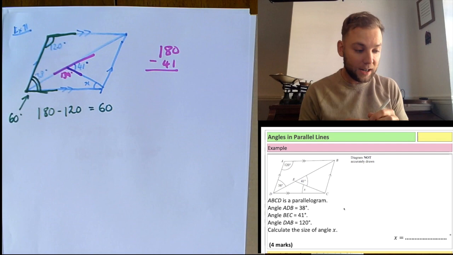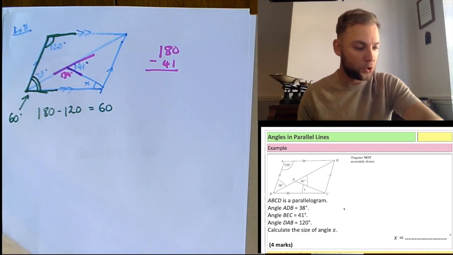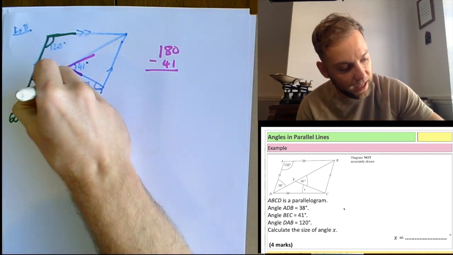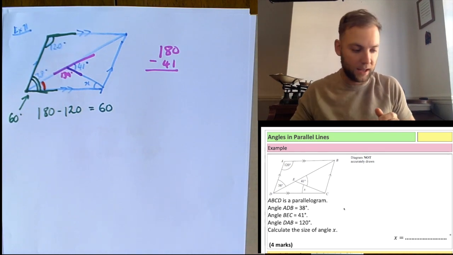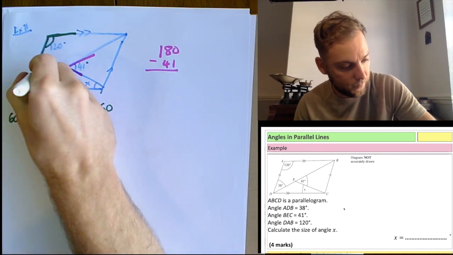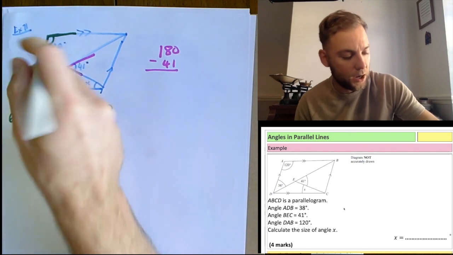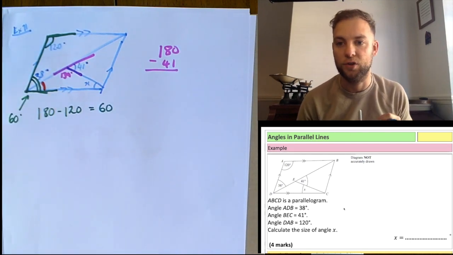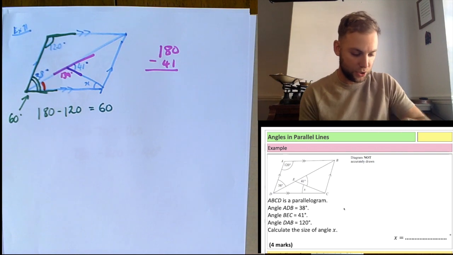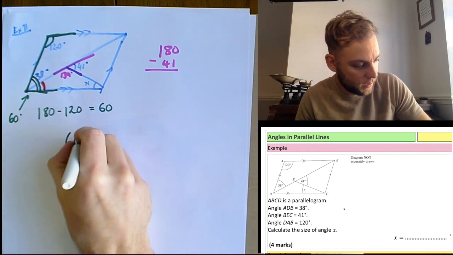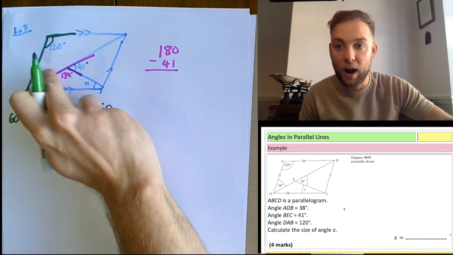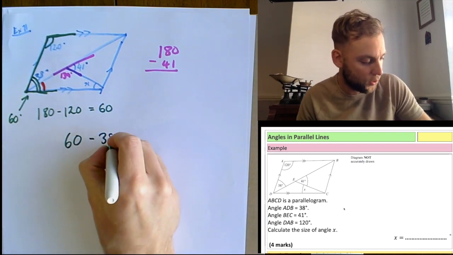Okay? But I'm not trying to find that double lined angle, I'm just trying to find this single one in here inside that triangle. So because I know that this one here is 38, and I know that the ones together are equal to 60, I can do 60, so this full angle, take away this little angle here, which is equal to 38.